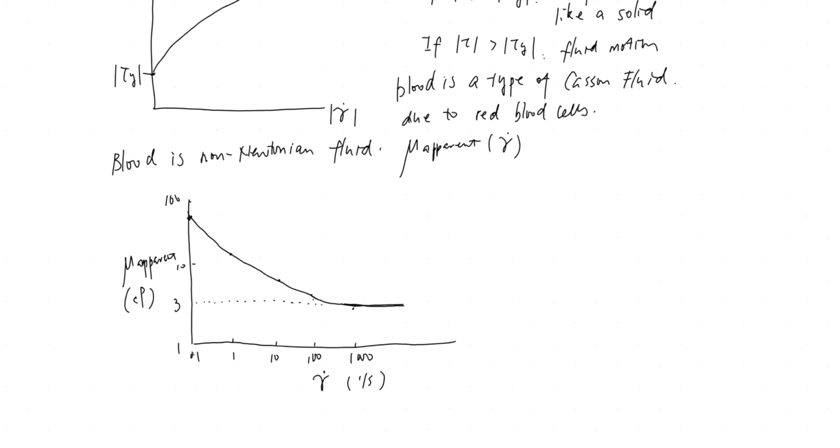So for blood, at low shear rates, which is usually below 100 per second to 200 per second, we have pretty high viscosity, so we have elevated blood viscosity.